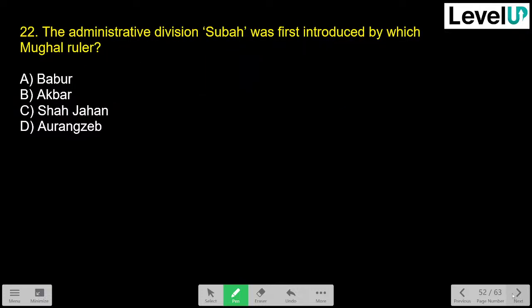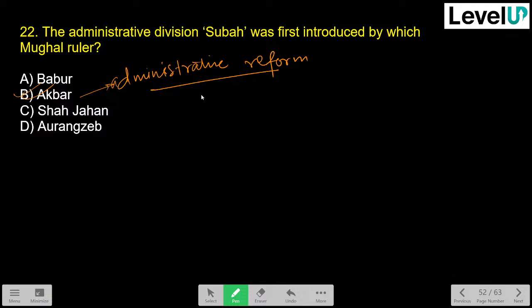the administrative division Suba was first introduced by which Mughal ruler? It was by the ruler Akbar. So Akbar did a lot of work for his administrative reform. He did a lot of administrative reforms for the efficient functioning of the kingdom, right?